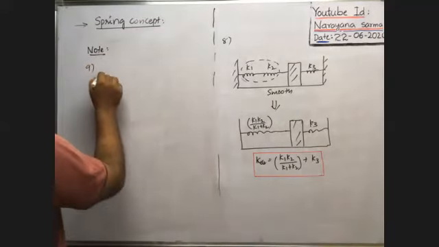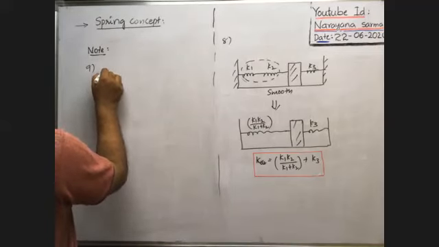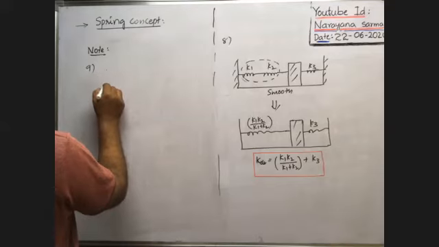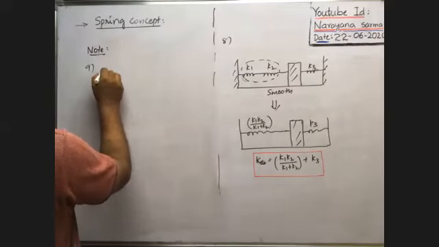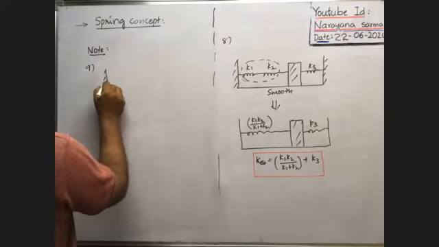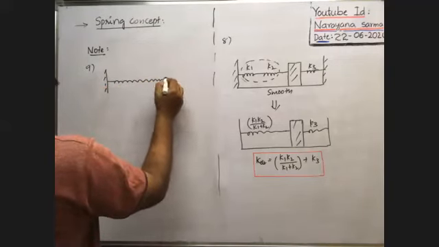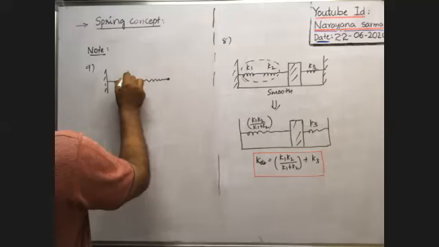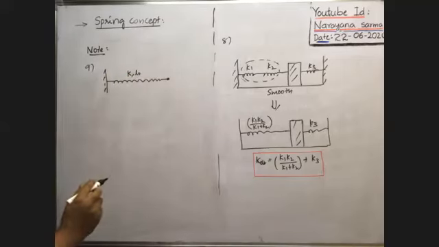Ninth note point. Suppose here it is a spring of spring constant K and natural length L0.